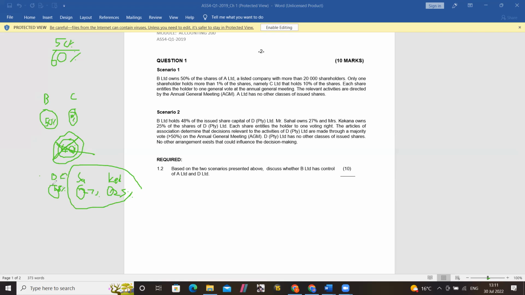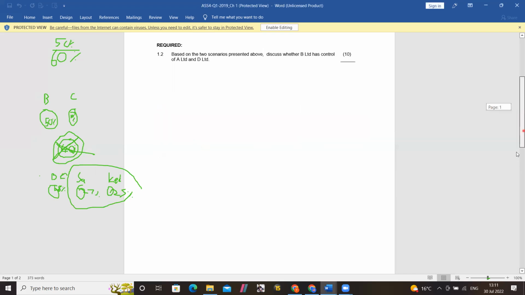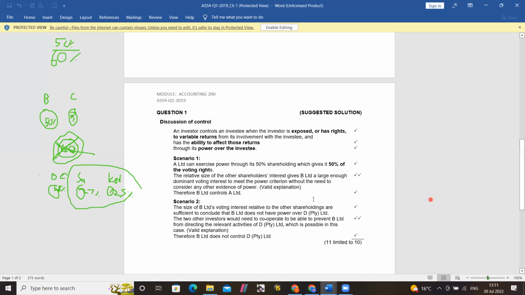That means that B does not have control over the relevant activities, right? It does not direct relevant activities. And because they do not direct relevant activities, B does not have power over D. So B does not have power over D. Therefore, B does not control D, right?